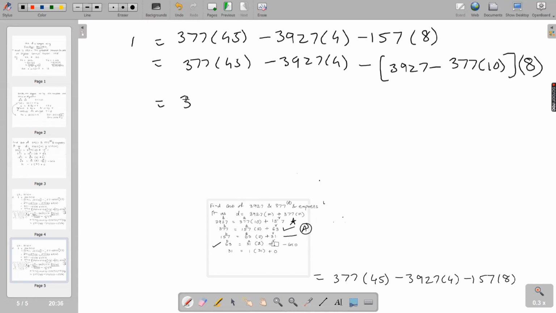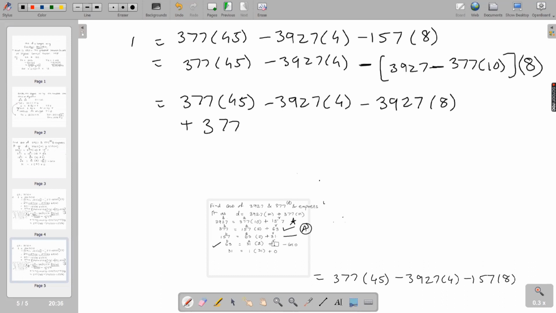So this again becomes 377 into 45 minus 3927 into 4 minus 3927 into 8 plus, now this minus and this minus becomes plus 377 into, I have to take 10 into 8, 80.